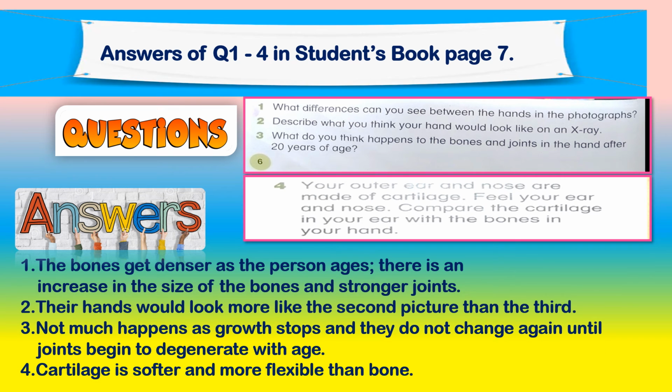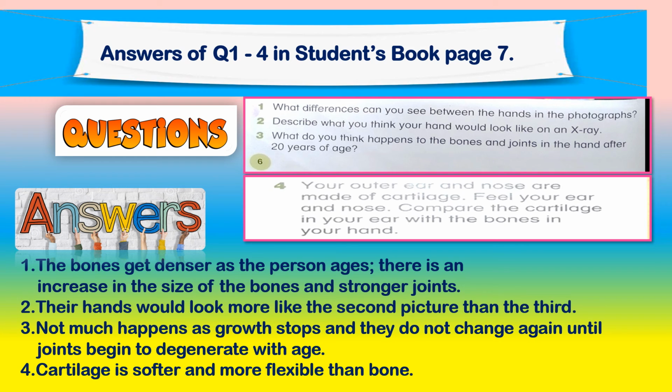The answer for question number 1, the bones get denser as the person ages. There is an increase in the size of the bones and stronger joints. For number 2, your hands would look more like the second picture than the third. And number 3, the answer, not much happens as growth stops and they do not change again until joints begin to degenerate with age.